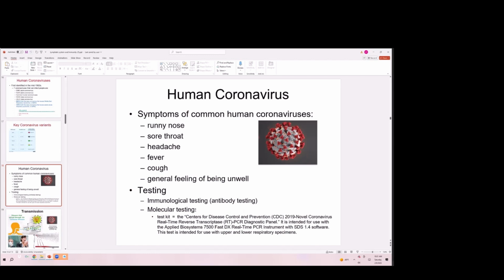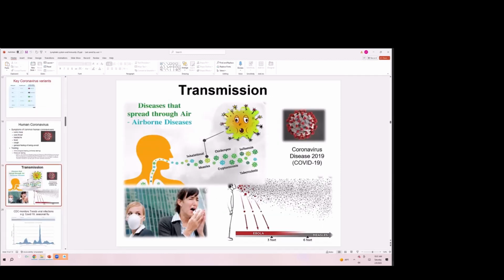Now, talking about some of these viruses, we should also talk about transmission, how diseases are transmitted, like these respiratory diseases that affect our airways and involve a runny nose and sneezing. They asked us to take certain measures against COVID. They said you have to stay 6 feet away from other people and wear masks.